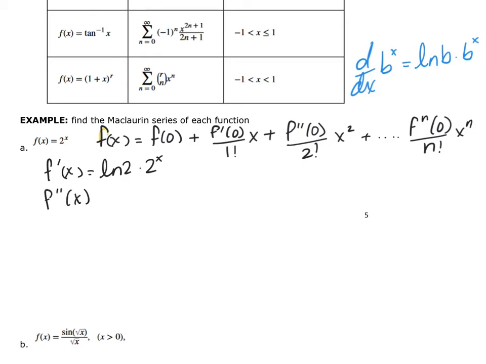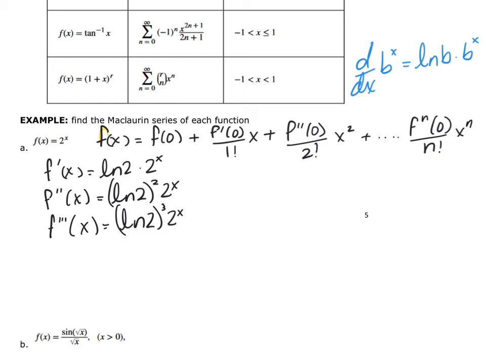Now remember, the natural log of 2 is just a constant, and so I'm really just doing the derivative of 2 to the x. But that gives me the natural log of 2, the quantity squared, times 2 to the x. f triple prime of x is equal to the natural log of 2 raised to the 3rd power times 2 to the x.